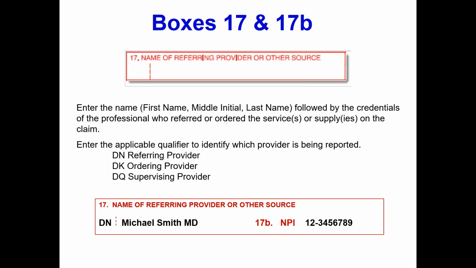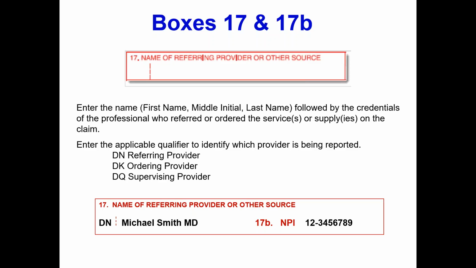Let's say you have a nice relationship with an orthopedic surgeon, and after the surgery or before the surgery, the patient is recommended by Dr. Michael Smith, medical doctor, to come see you for your opinion, your evaluation. And you're going to be billing possibly for a consultation code. Many plans want to see the name of the referring provider.